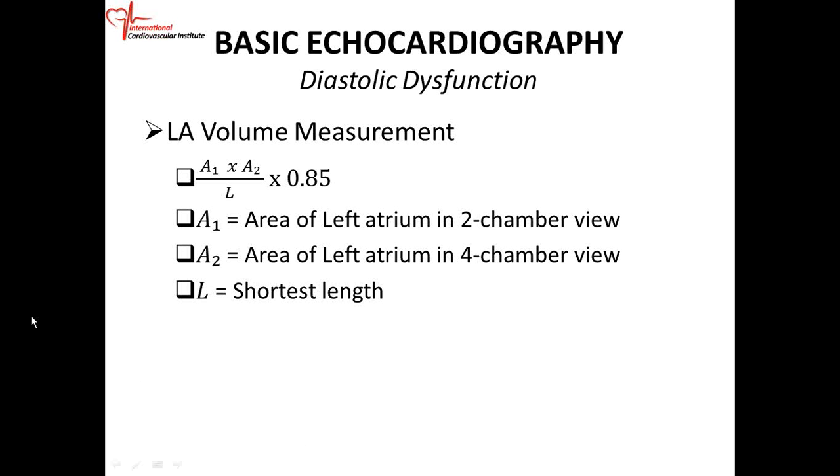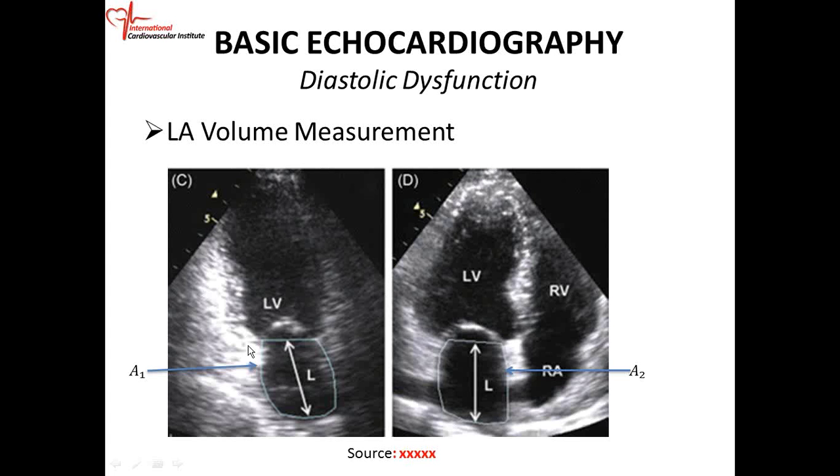So this is the formula that we use. It's the area in the 2-chamber view times the area in the 4-chamber view, and we're going to divide by the shortest length. Remember, the length was from the base to the top of the atrium, and then from the base. These lengths are going to be different, okay?